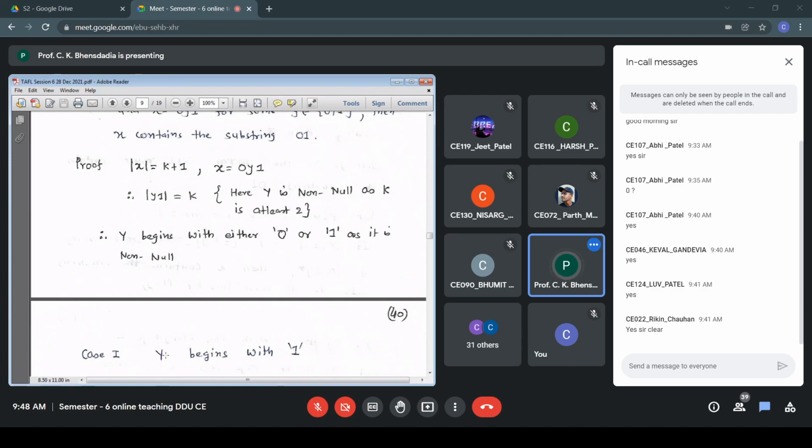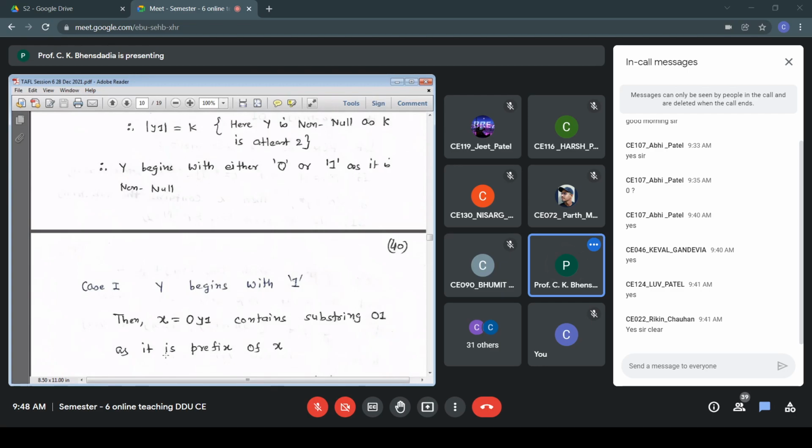So in x, the substring 0 1 is present as its prefix. This is the very simple case.